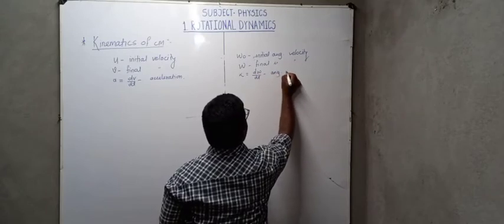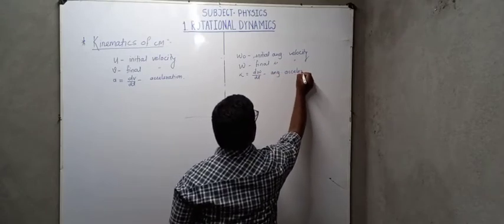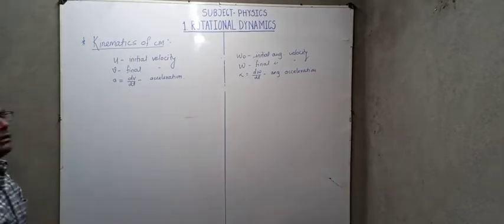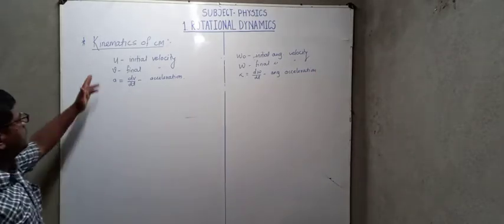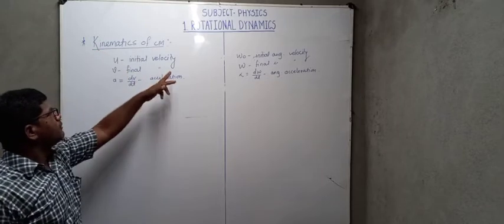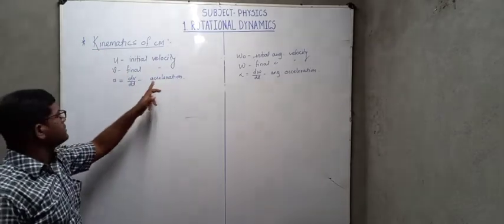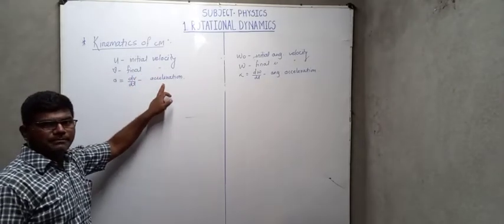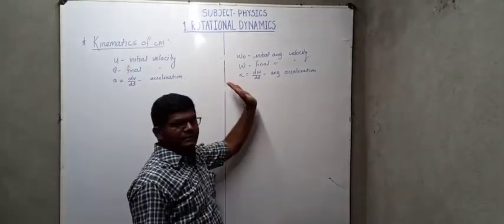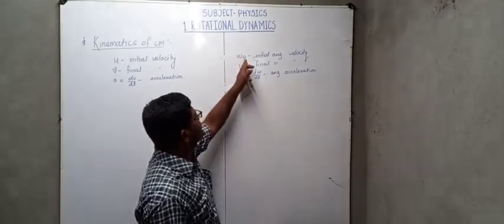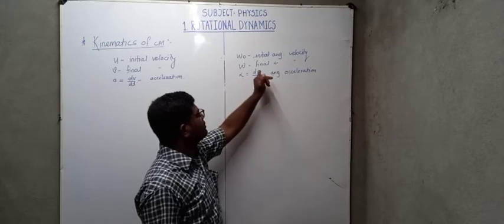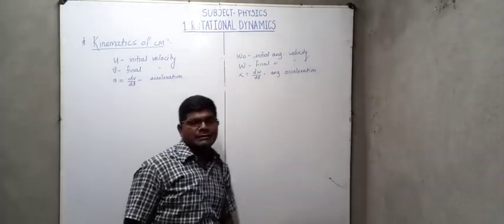So u is the initial linear velocity, v the final linear velocity, and a is equal to dv by dt, the linear acceleration. And for angular motion, omega 0 is initial angular velocity, omega the final angular velocity, and alpha is equal to d omega by dt, the angular acceleration.